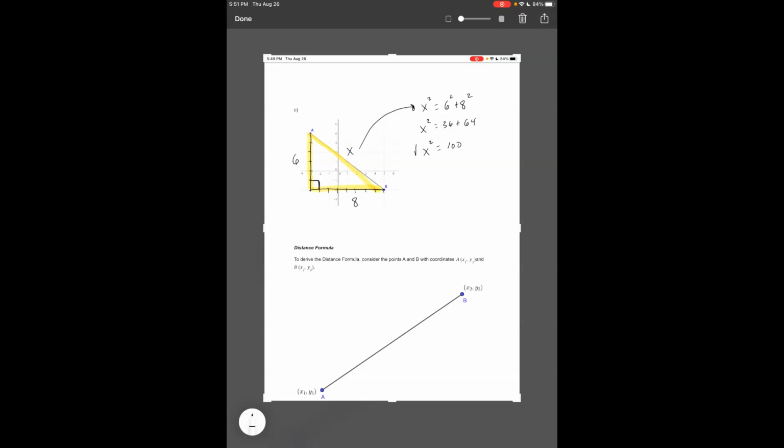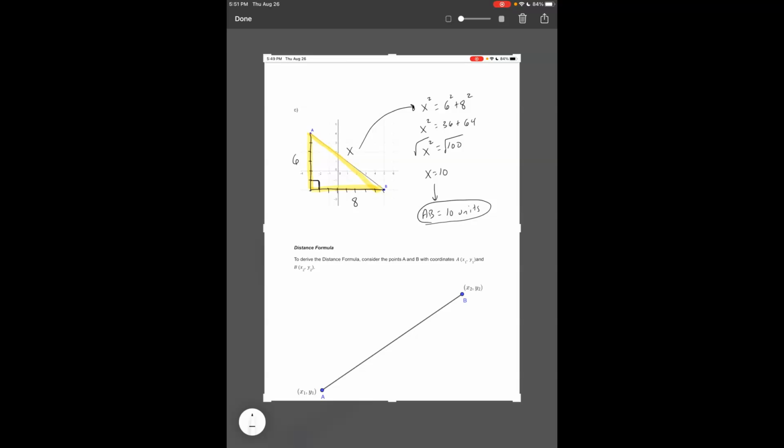And then we take the square root of both sides. And x is equal to 10, which means that the distance from point A to point B is 10 units long.